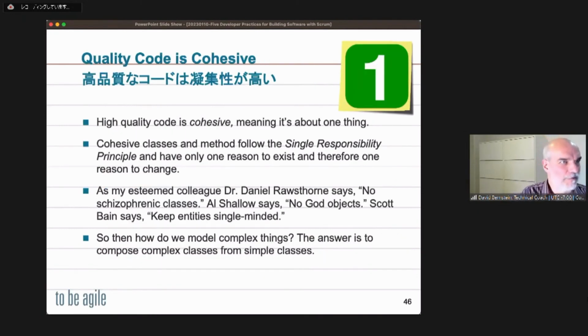Quality code is cohesive. And cohesion means that our code is about one thing. Our classes and our methods deal with just one issue. We're not doing many issues. We model complex things like a person. A person is a complex thing. If we were to model them, they have many different kinds of behaviors: walking behavior and eating behavior and talking behavior.